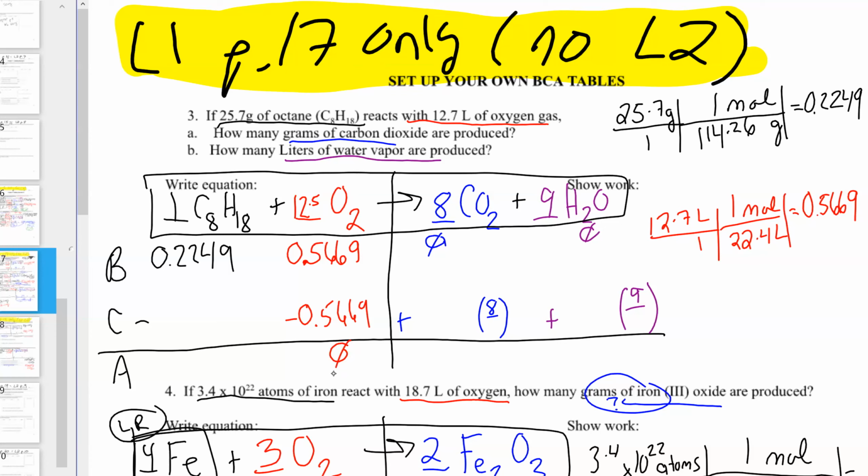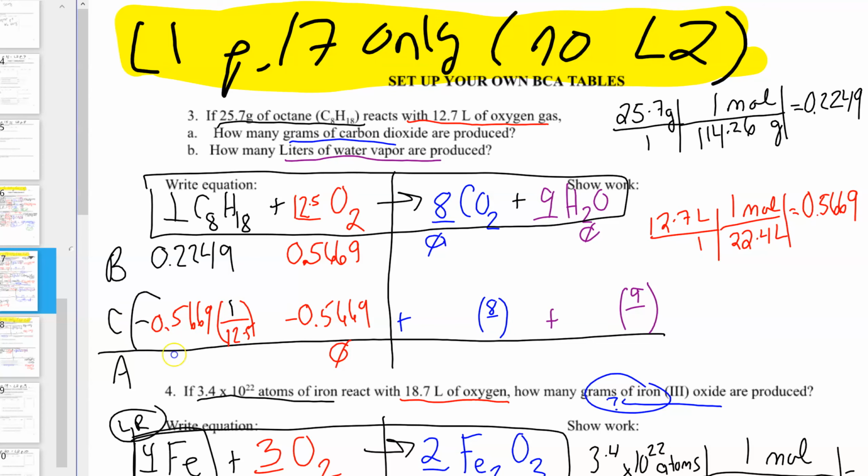So how much of the octane am I going to use up? We need this to be a positive number left over at the end if we chose correct. So we're going to use up 0.5669 times the ratio of the unknown octane to the known oxygen, okay?